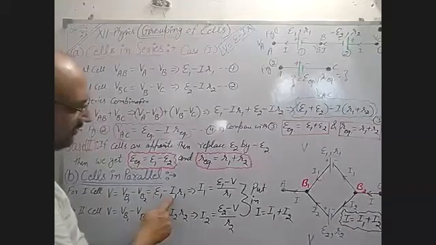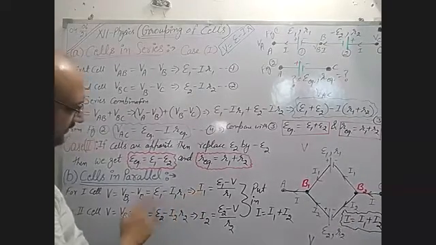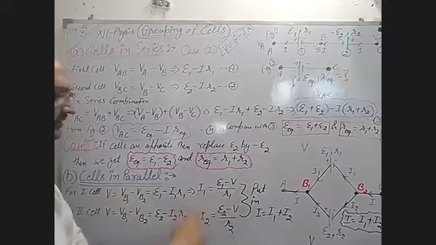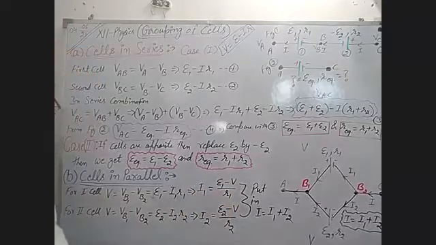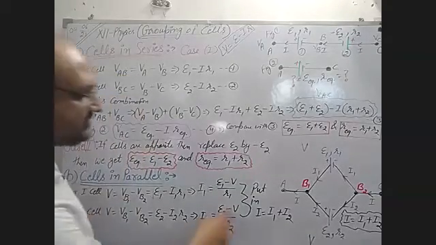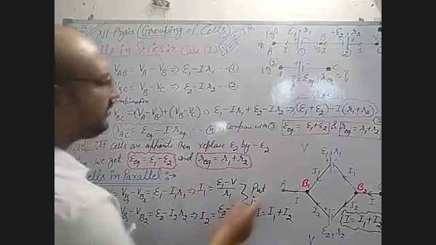Now these are the equations E1 minus I1 R1, E2 minus I2 R2. What is the value of I1 on solving? I1 is equal to E1 minus V upon R1. Similarly, I2 is equal to E2 minus V upon R2. This is the value of I1 and I2.